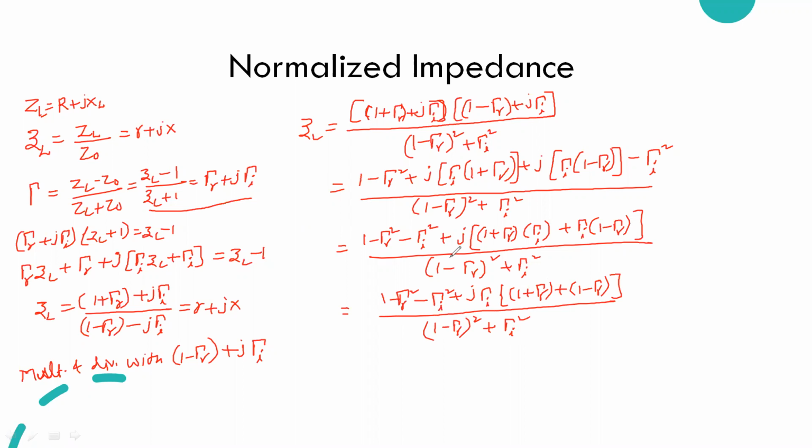So here the terms will be cancelled, that is, plus gamma r and minus gamma r will be cancelled, so the remaining terms will be like this.